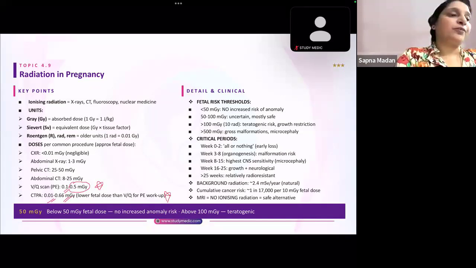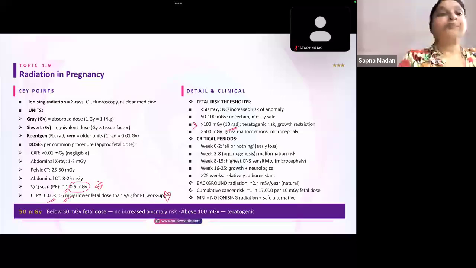If it is more than 100 milligrays, or 10 rads, there is a risk of teratogenicity or growth restriction. More than 500 milligrays carries a risk of gross malformations and microcephaly.